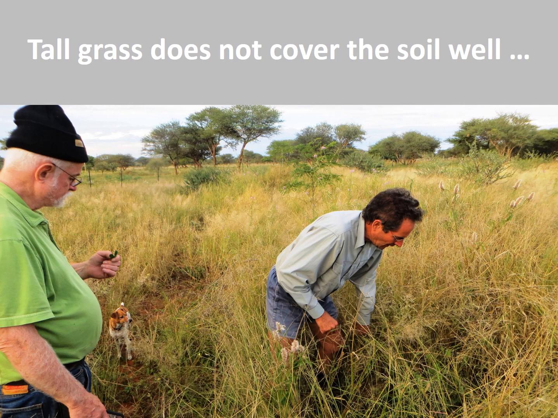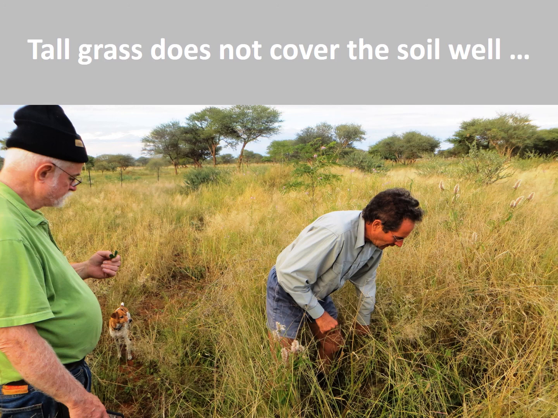Tall grass does not cover the soil well, because what will happen as the grass gets tall and sits there is that it inhibits further growth of the grass. So the grass doesn't branch out, doesn't tiller out and spread and cover the surface of the soil. This is something that Alan Savory noted, that even if the grass is trampled, in fact, sometimes it's better if it's trampled rather than grazed, because it covers the surface of the soil, but it also lets the sunshine hit the crowns of the grass.